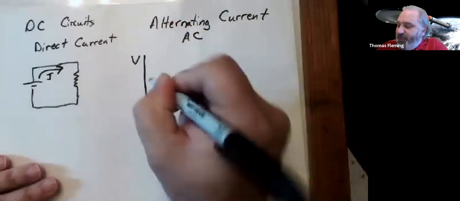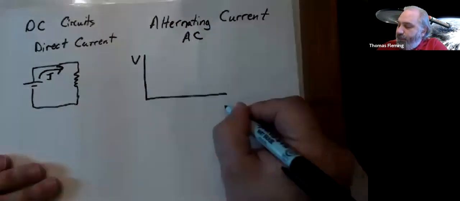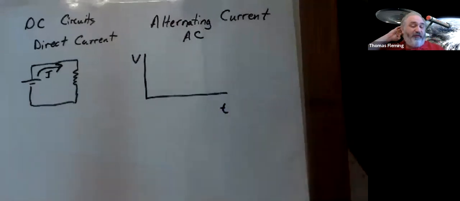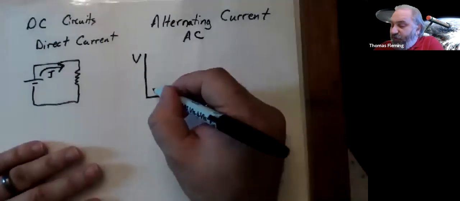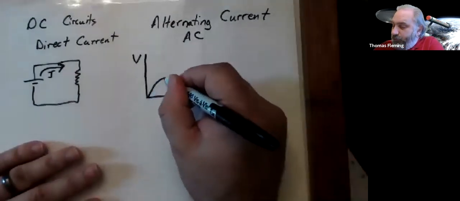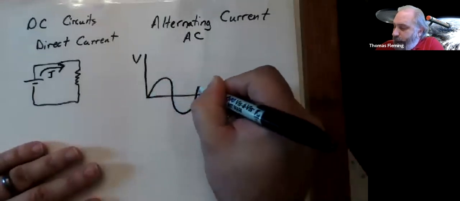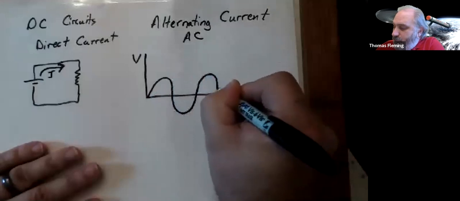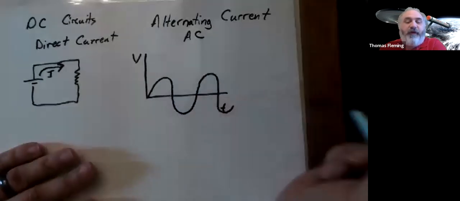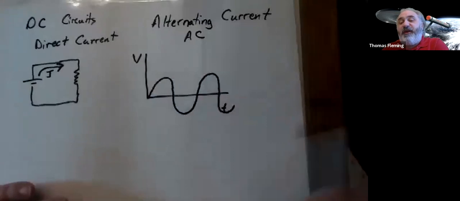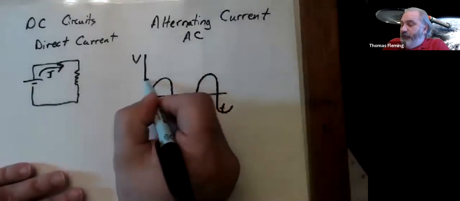So imagine that this graph represents my voltage. In an AC circuit, my voltage is sinusoidal. So it's going to look like a sine wave. And it's going to oscillate from being large and positive.